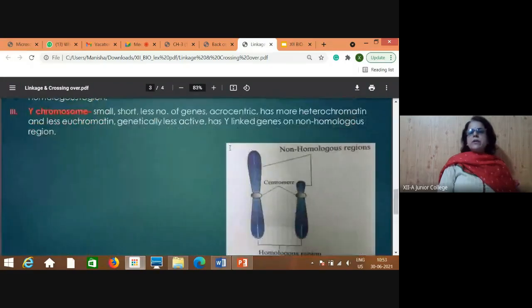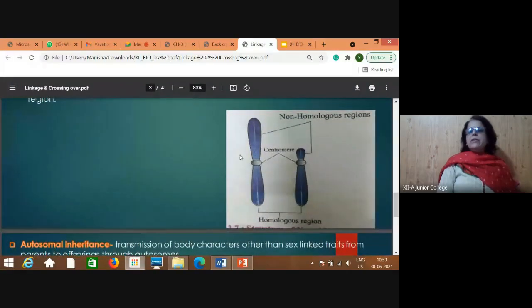Here in this diagram, the genes cannot be crossed with each other because of dissimilar morphology. So there is no possibility of crossing over in this region, and that's why these genes are inherited as they are in the next generation.